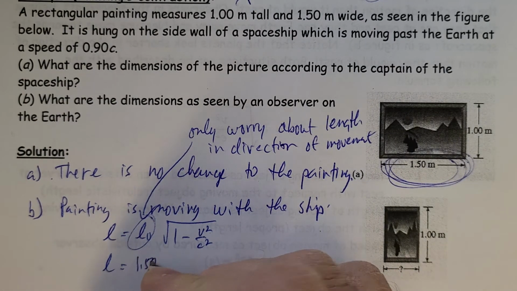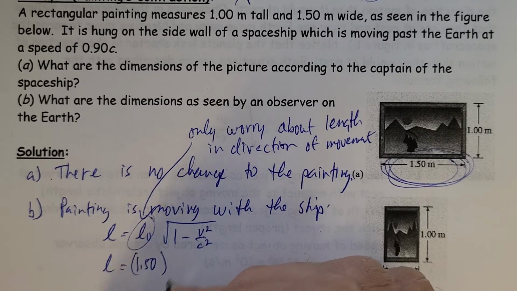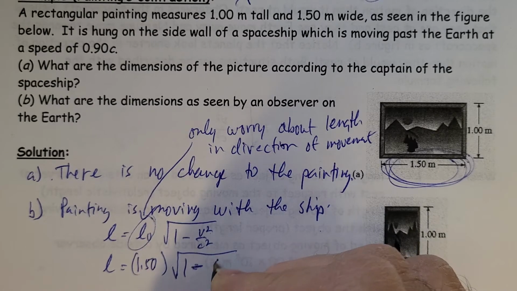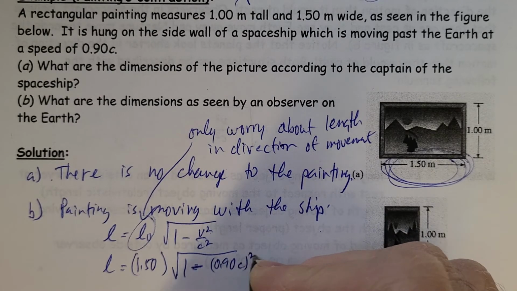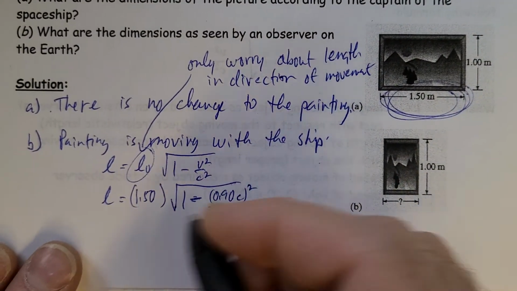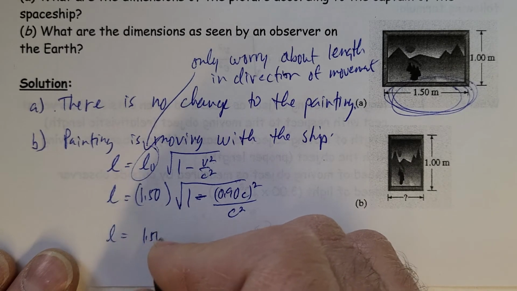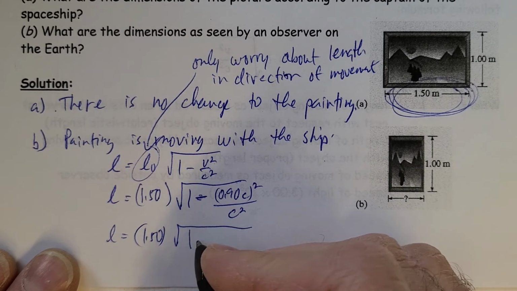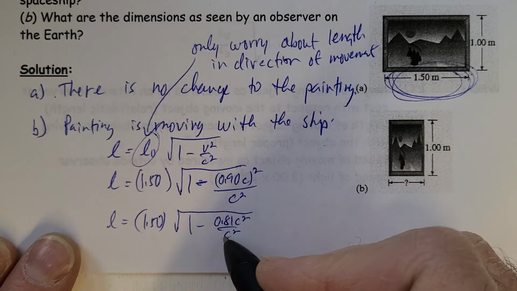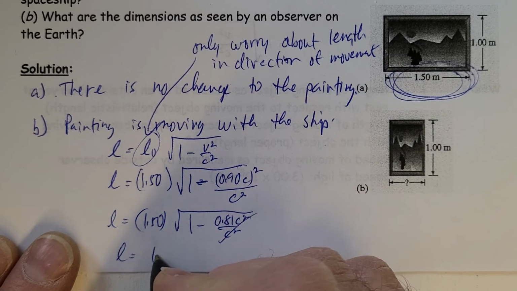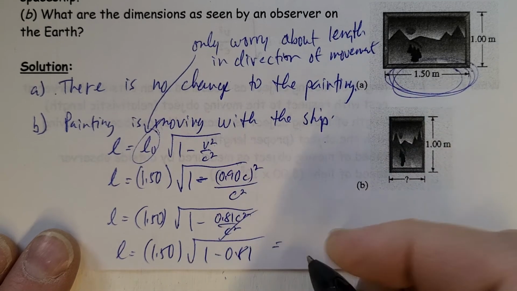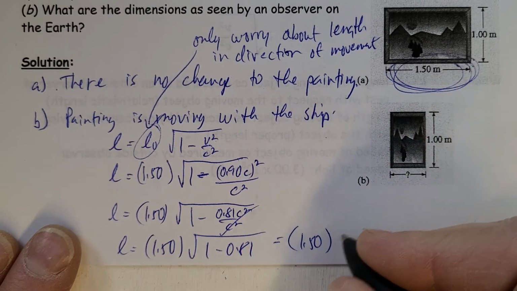So that's the one I include here. If things weren't moving, the length of that painting is 1.5. But of course we are moving at 0.9 c, which is all squared over c squared. So we get 1.5 times the square root of 1 minus 0.9 squared, which is 0.81. The c squared over c squared cancels out.